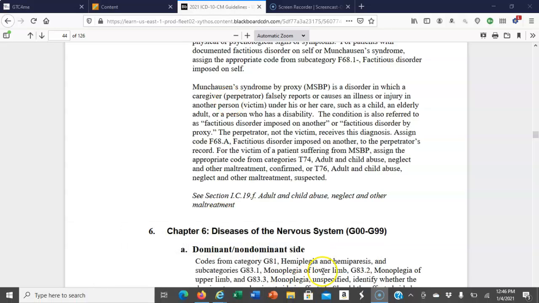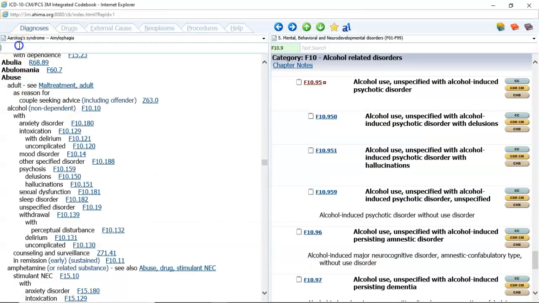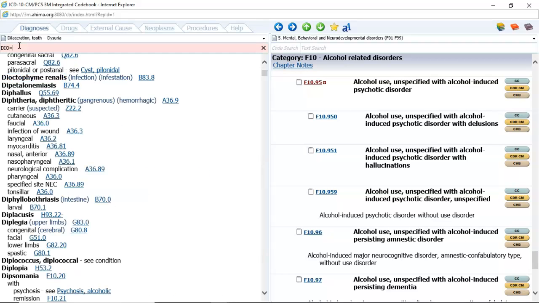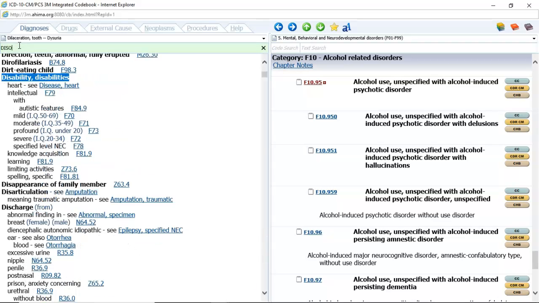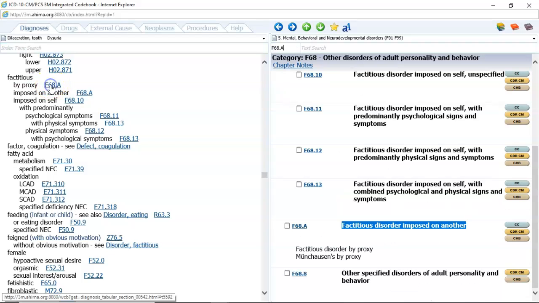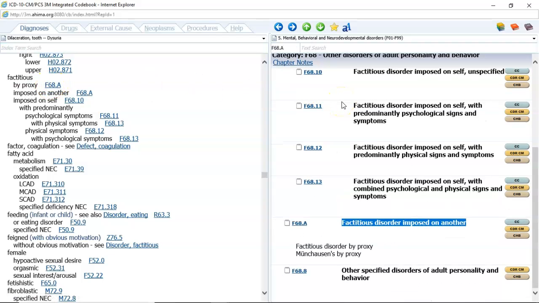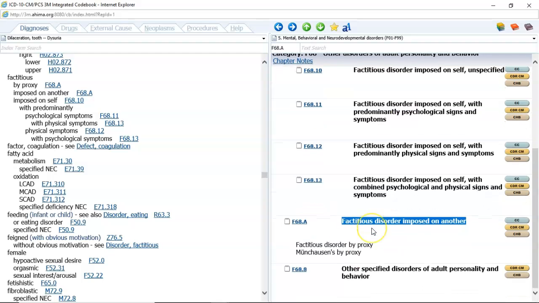And so I want to go back to the index, and in the index, if we put in factitious disorder, factitious by proxy, we see that the category is F68, other disorders of adult personality and behavior, and we see the one that's on self, and then the other one that is by proxy.